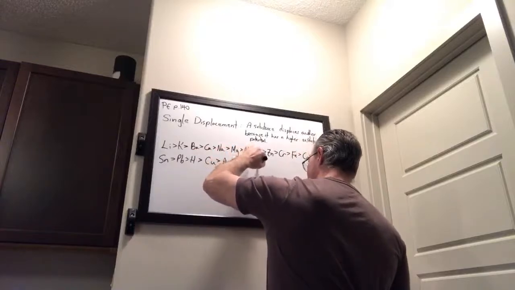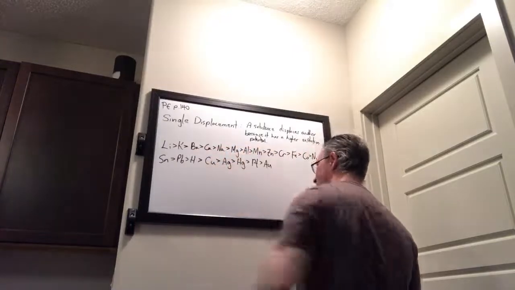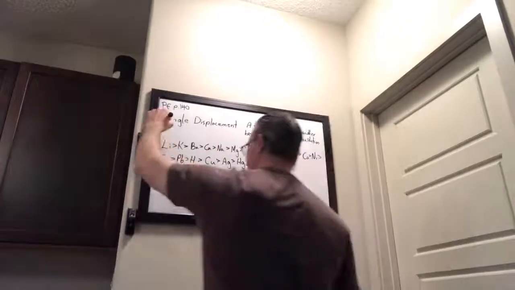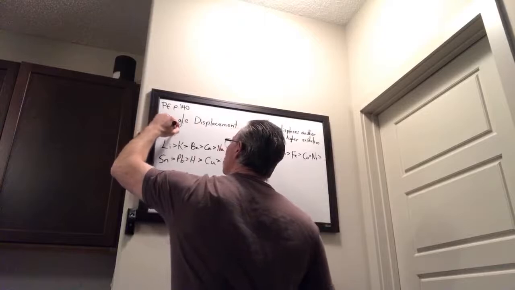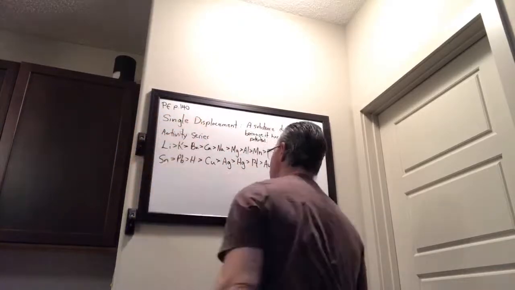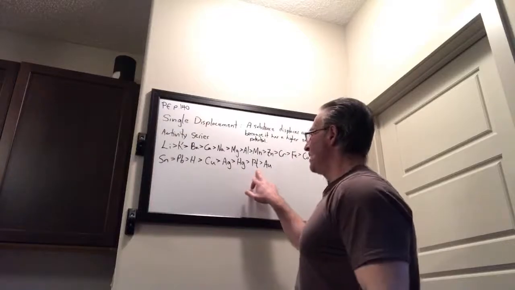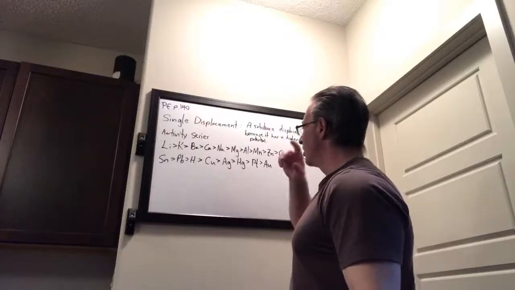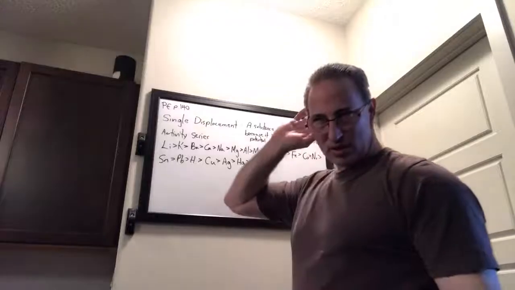You'll notice that all the metals that are at the bottom of the activity series are the least reactive ones. You see gold, you see platinum, you see silver and mercury. They're all metals that don't oxidize easily.